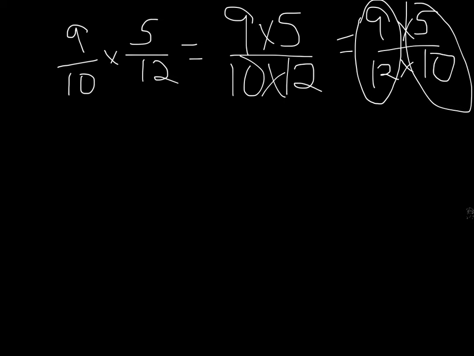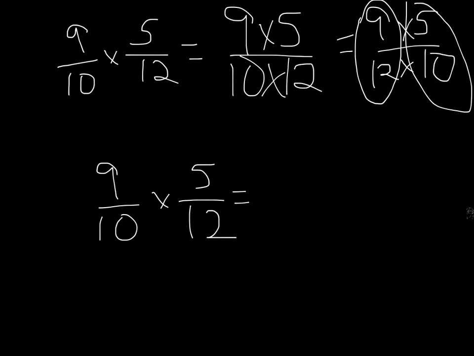Now, in fact, the way I generally do it will be to use cross simplification. And cross simplification is really not complicated. All you have to do is find numbers in the numerator and the denominator that have a common factor. There we go. And so I find that 9 and 12 have a common factor. What is their common factor?